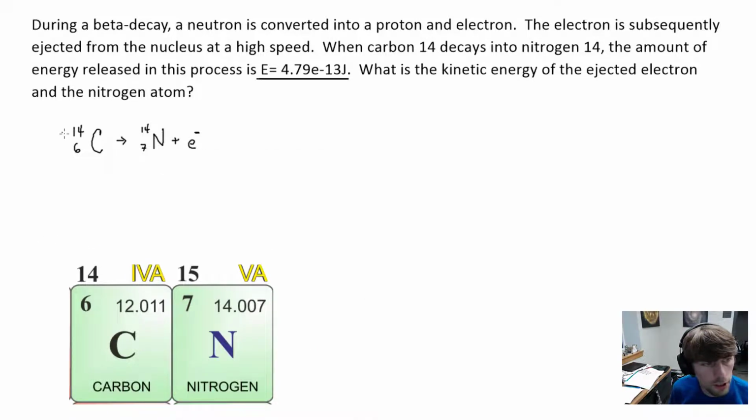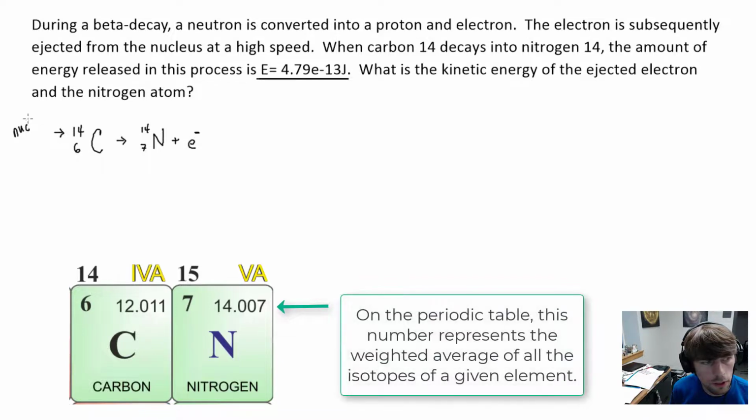And for clarification, if you're not familiar, this top number represents the number of nucleons. That is the number of protons and neutrons found in the nucleus. The bottom number, in some sense, is redundant. This is the number of protons.